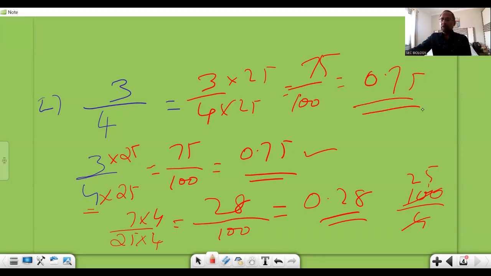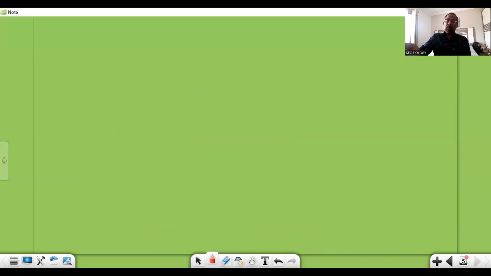This is the decimal. Understood? Decimal means we are looking at the denominator. It is a fraction. All operations we can do like fractions. Now, any doubt you can ask me.